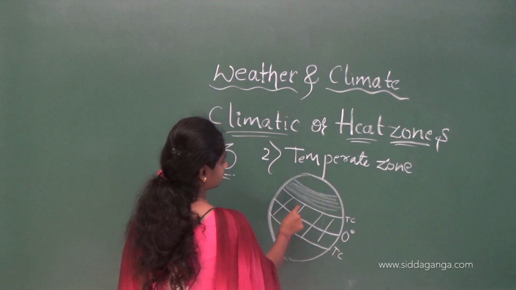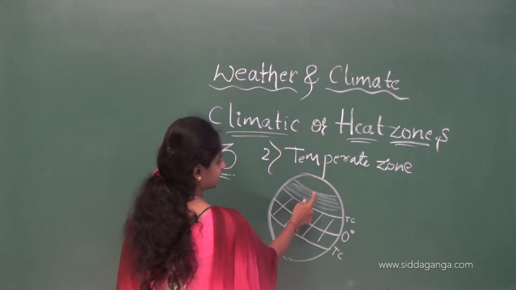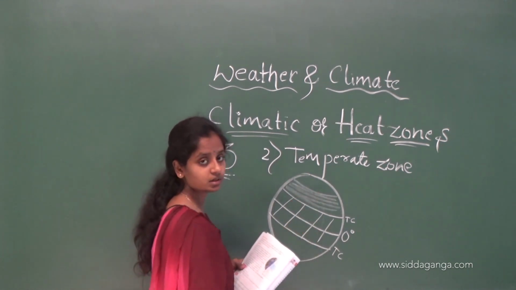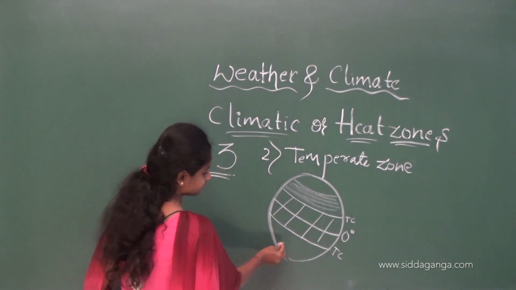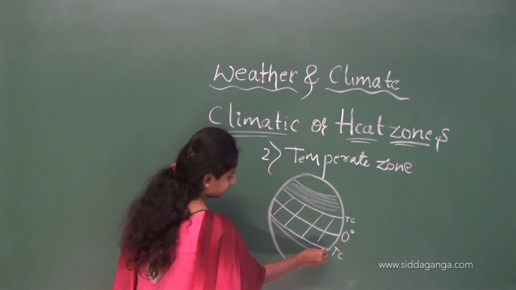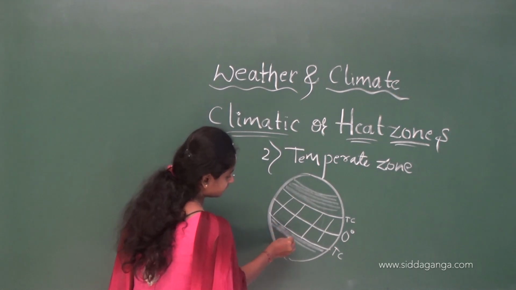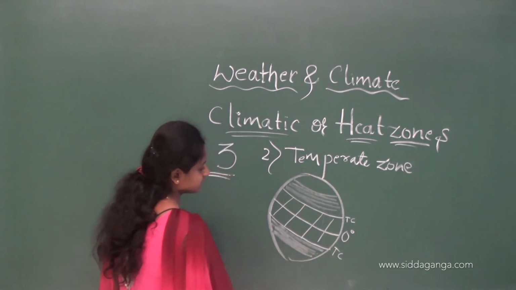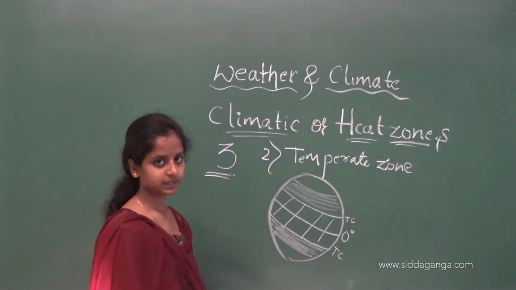Between these two regions comes the area known as the temperate region. Here also in the south it will be the same. The region between the torrid and the frigid zone is known as the temperate zone.